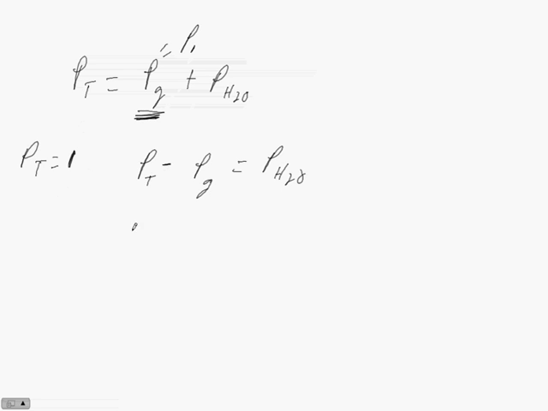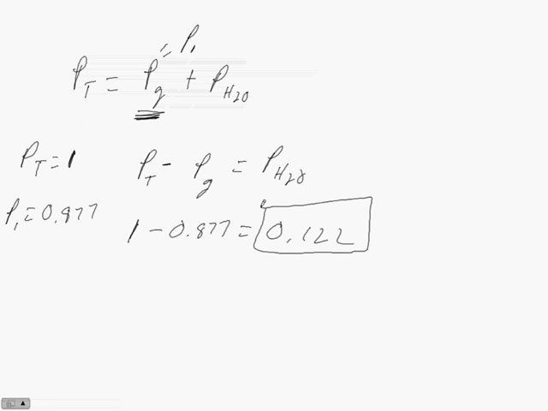So 1 minus 0.877 will give us the pressure of the water, which is 0.122. So the vapor pressure of the water is 0.122 atmospheres at 50 degrees Celsius.